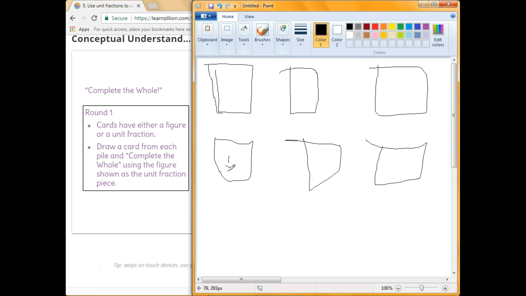So I'm going to do 1/4 for this one. No, 1/9 for this one. 1/2 for this one. 6/8 for this one. 3/4 for this one. And then the last two are going to be figures. So let's draw a circle and a square and divide them into equal parts.